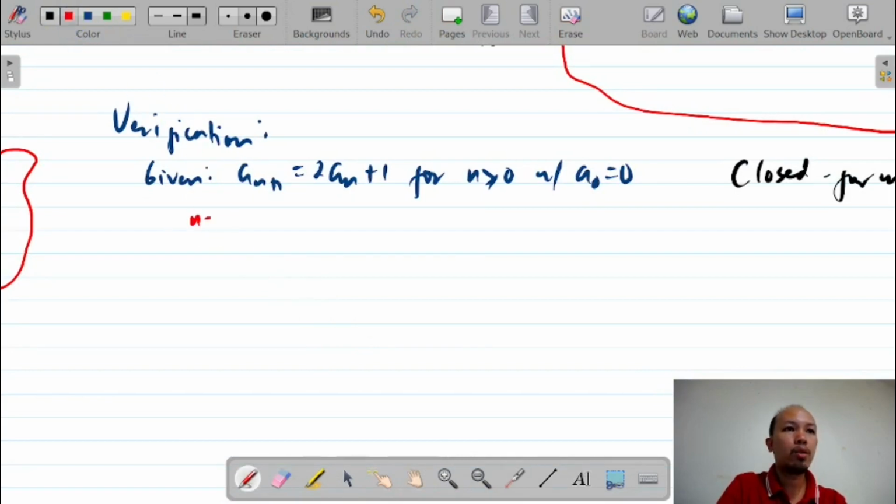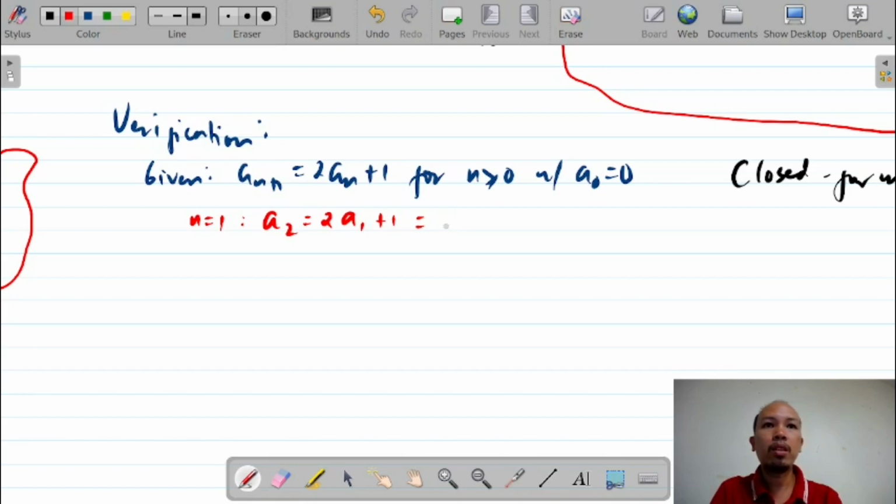N is equal to 1. We have a sub 2 is equal to 2 a sub 1 plus 1. What is a sub 1?